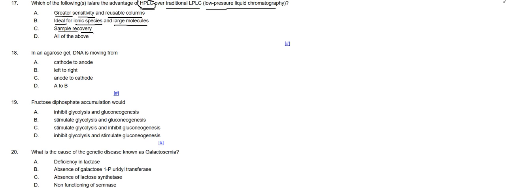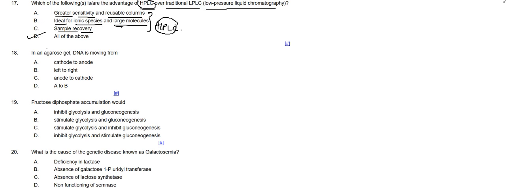All of these points are correct for HPLC. That is why HPLC is preferred over LPLC: HPLC has greater sensitivity and the columns are reusable. The sample can be recovered, and it is ideal for ionic species and larger molecules, for which LPLC cannot be used. So all of the above statements are correct.